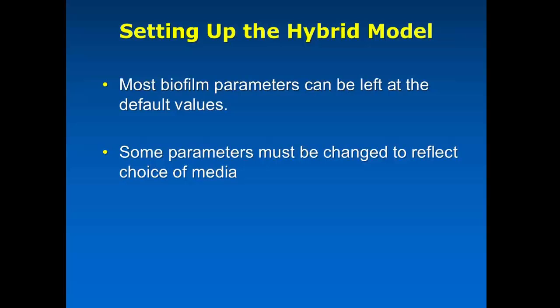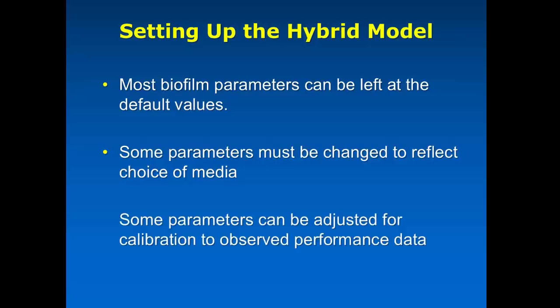Of course, that's going to have a very significant effect on the amount of surface area that we are calculating overall for our model, so it's an important parameter to get correct. And then some parameters can be adjusted during the calibration to calibrate the model to the observed performance, and typically the maximum biofilm thickness is one of the key ones in order to make sure that you get the right amount of biomass on your biofilm.